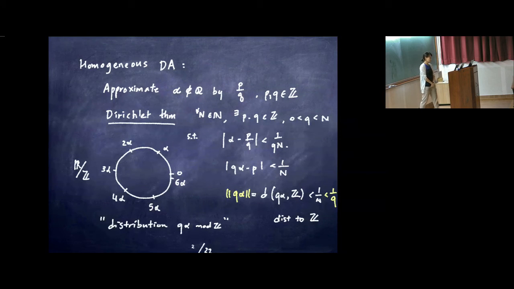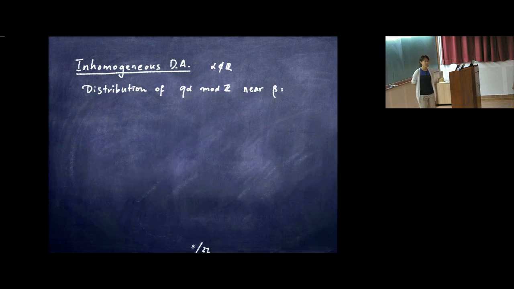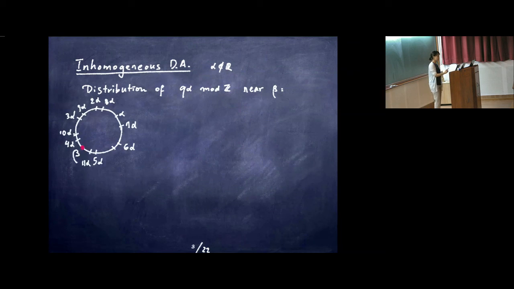So here we had the distribution of q alpha mod integers. Now in inhomogeneous Diophantine approximation, we still have the distribution of q alpha modulo Z, but now we want to look at this distribution near beta. So we have a similar picture: we have R mod Z, the circle, and we have alpha, 2 alpha, etc. But we have this red point, which is beta.